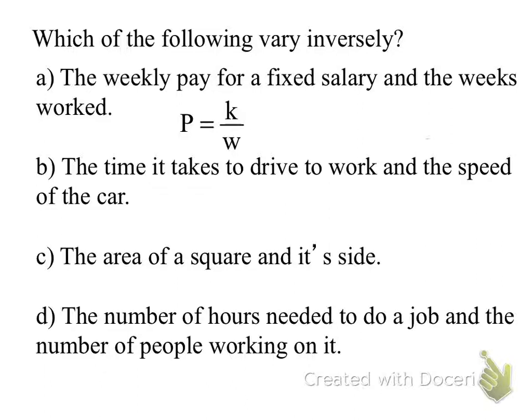I think what this is actually showing is the pay for the week times the weeks equals K. P is how much you get paid per week, and the weeks is how many weeks you work. So you're multiplying the pay per week times the weeks to get how much you're paid, which is K.